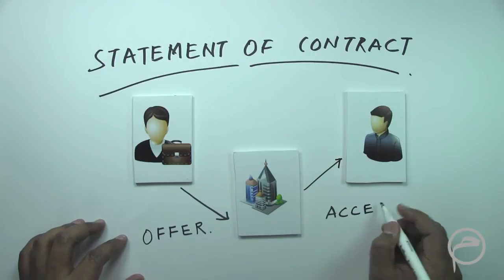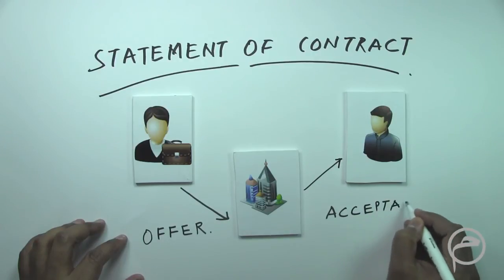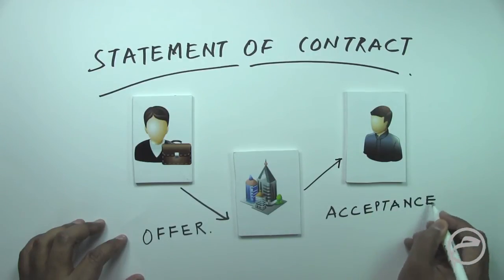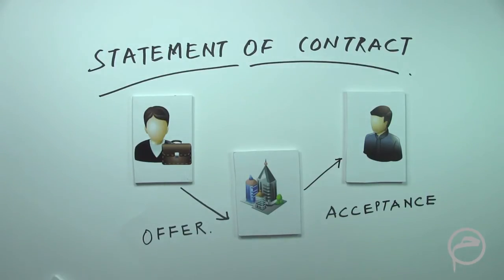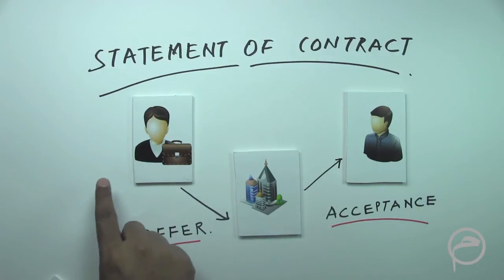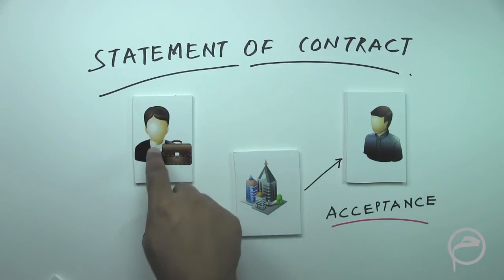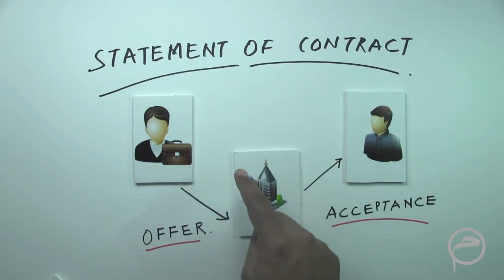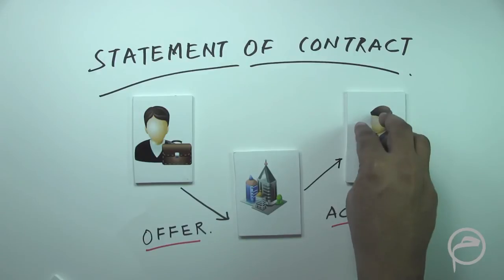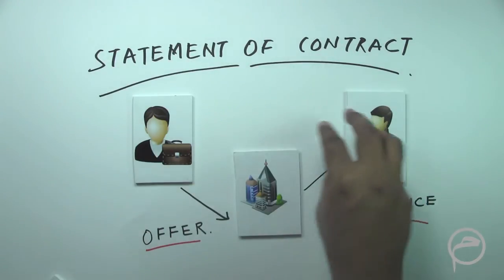So there has to be an acceptance from the purchaser. This is an offer and this is an acceptance. What is an offer? An offer is a statement of intention expressed by one of the parties, inviting the other party to accept the proposal. And the acceptance is to accept that offer.